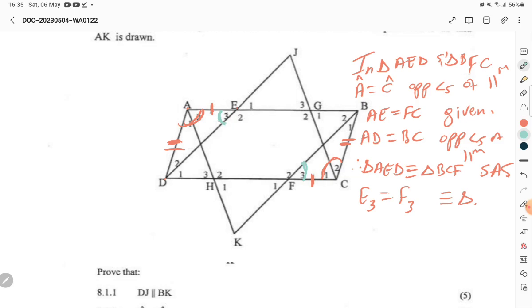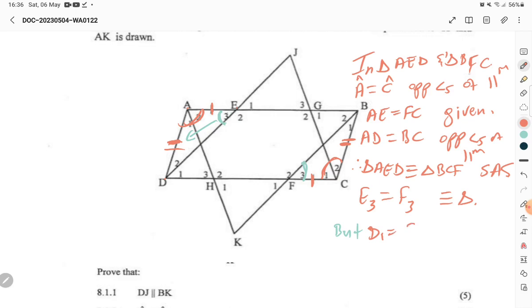This E3 is facing this AD, and this F3 is facing this BC. You can see that both of these sides are equal to each other, and they are supposed to be faced by equal angles. So that is why E3 is now found equal to F3. So these are the equal corresponding angles in these congruent triangles.